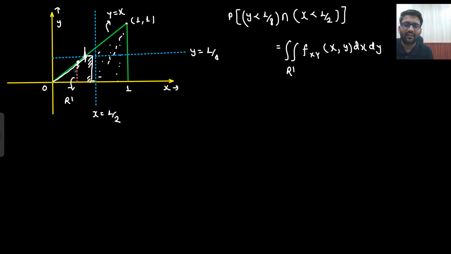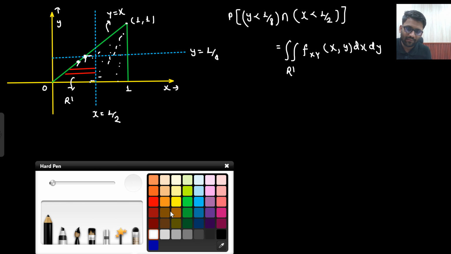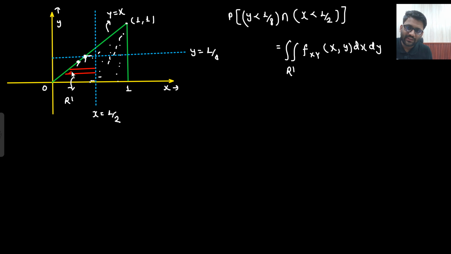So this time I will try taking the horizontal strip. If I take the horizontal strip, what will happen? In the horizontal strip, what do you see? The limit of x: here x is equal to y, and here x is equal to 1 by 2.